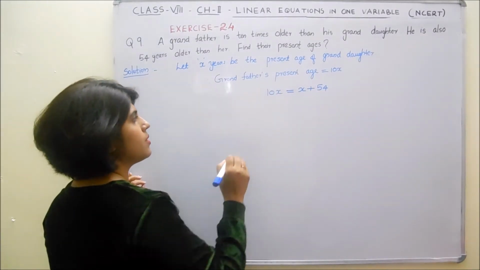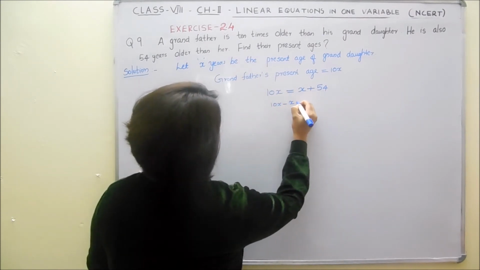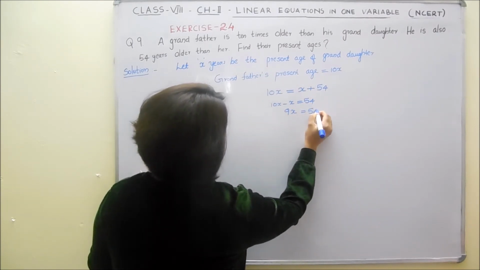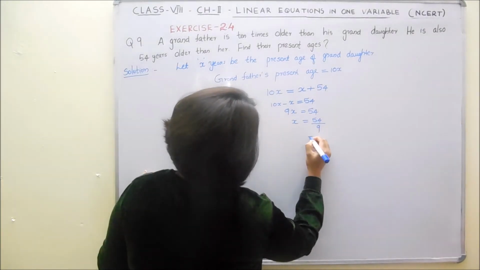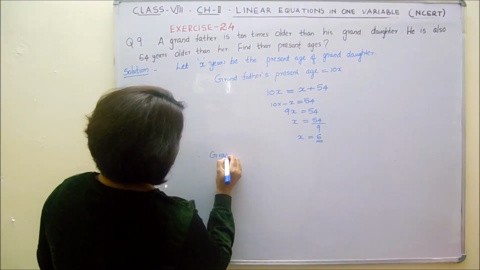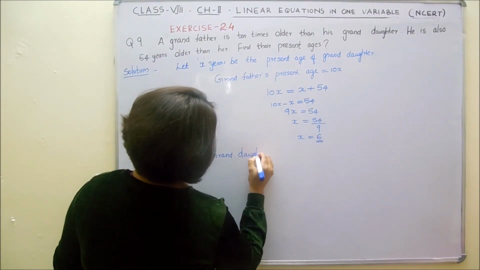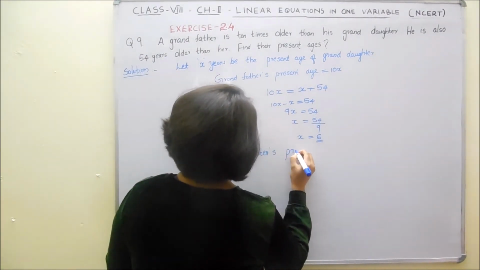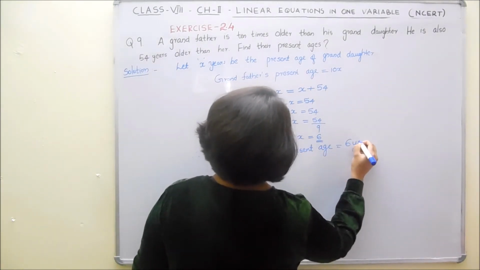Now we got a linear equation. We can solve it. 10x minus x, it would be 54. 9x equal to 54. Therefore x equal to 54 by 9, which is equal to 6. X equal to 6. So granddaughter's age equal to 6 years.